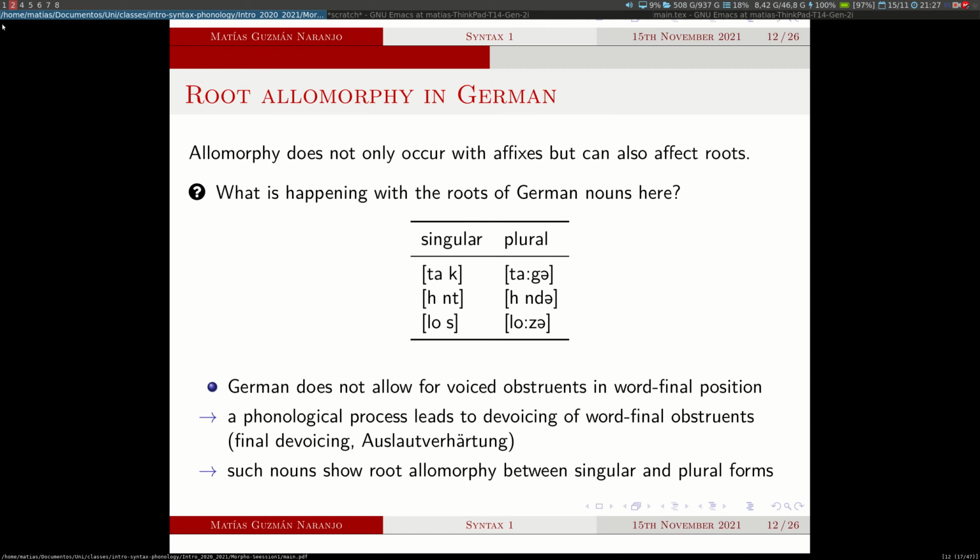Basically, this is what I had talked about at some point of devoicing, and this sort of devoicing leads to allomorphy in this case, and then to the singular and the plural forms.